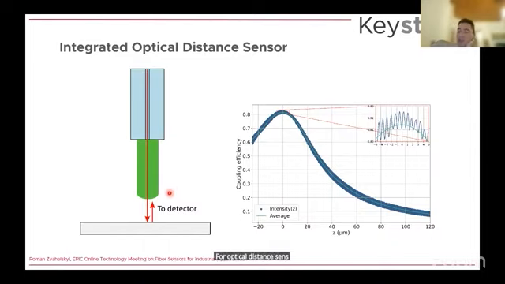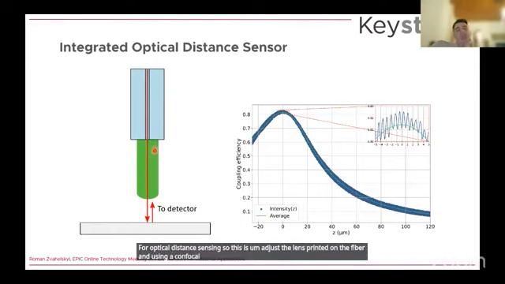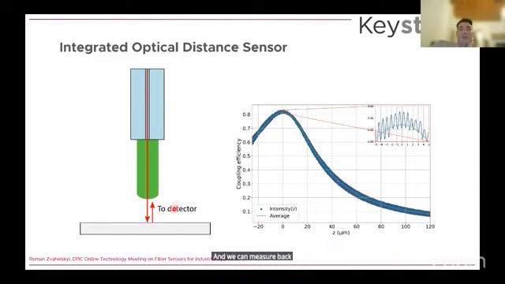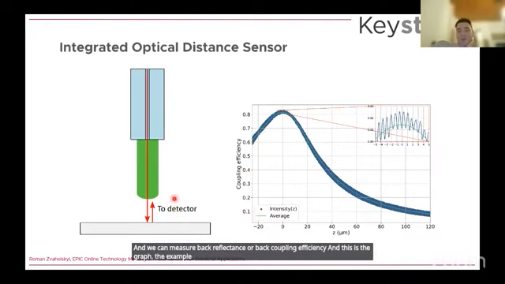This is just a lens printed on a fiber array, and using a confocal principle, we can scan the lens, scan the fiber array, or just a bare fiber, along the z-axis, so up and down here, and we can measure back reflectance or back coupling efficiency. And this is a graph, an example of this kind of measurement.